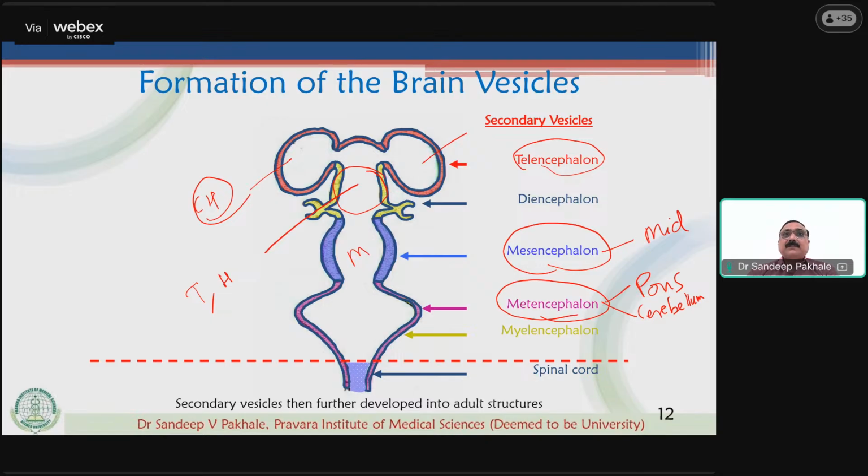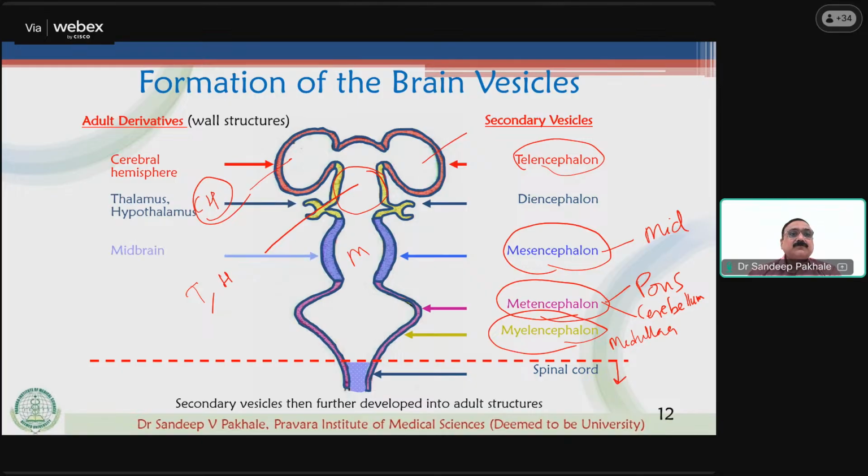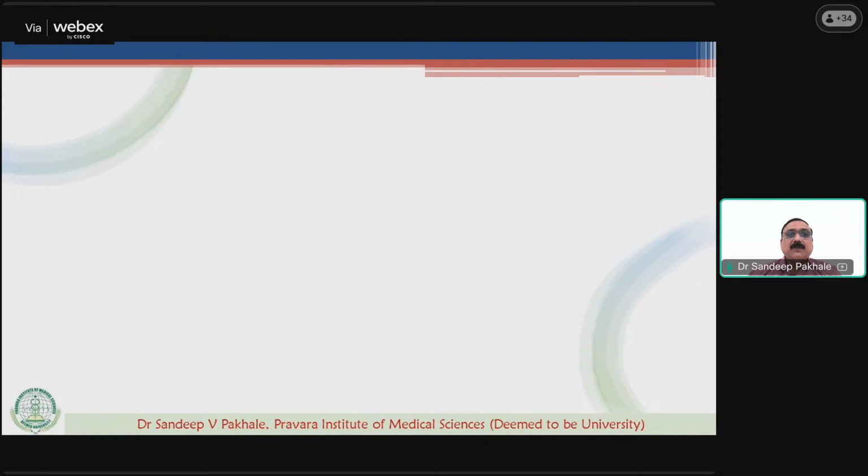So what is important to appreciate is that each secondary vesicle has a direct and predictable adult derivative, which helps in understanding both anatomy and clinical localization. The myelencephalon will form the medulla oblongata, and the lower part of the neural tube is the spinal cord, which we have already seen. So telencephalon gives rise to the cerebral hemispheres, diencephalon to thalamus and hypothalamus, mesencephalon to the midbrain, metencephalon to pons and cerebellum, and myelencephalon to the medulla oblongata.